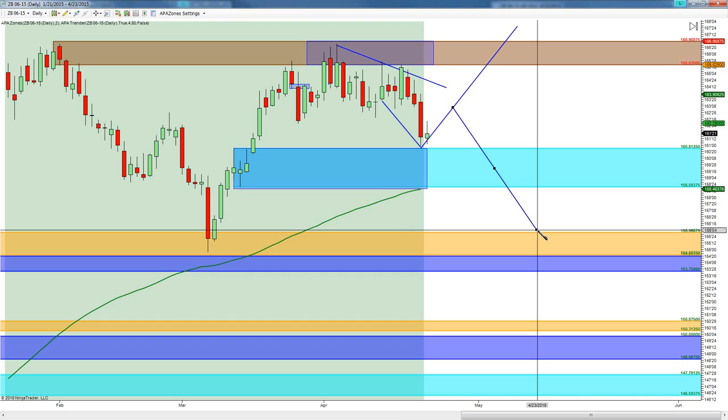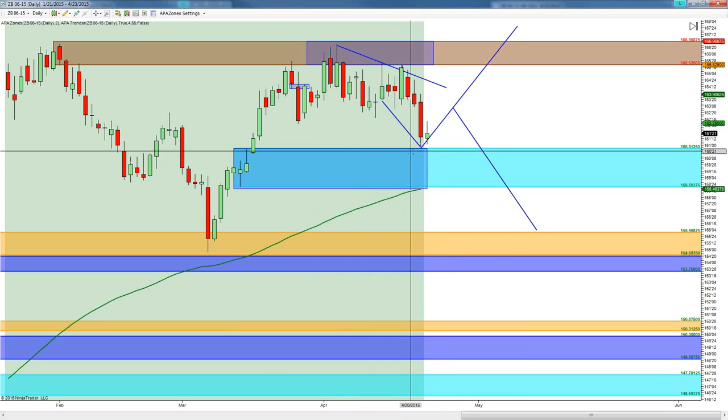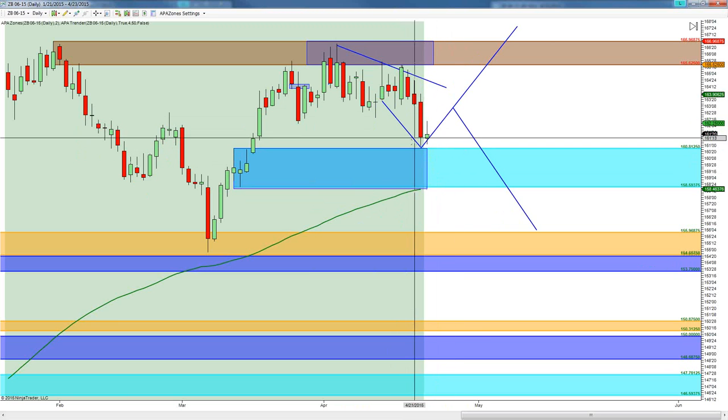Okay, so some new resistance or supply would have to jump into effect, and then we could come down here to this yellow zone. But there is this nice fresh aqua zone that looks like it could hold some really good support. So we're going to battle with that for right now.